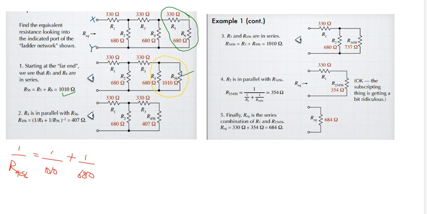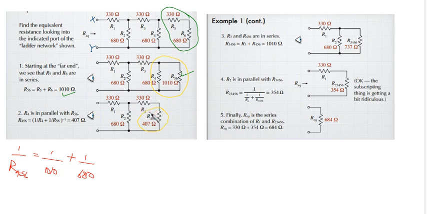So by the time you do the calculations and simplify, you're going to arrive at 407 ohms. That means this parallel combination here has been reduced to 407 ohms, which is what we're having here. Okay, so we continue like that.